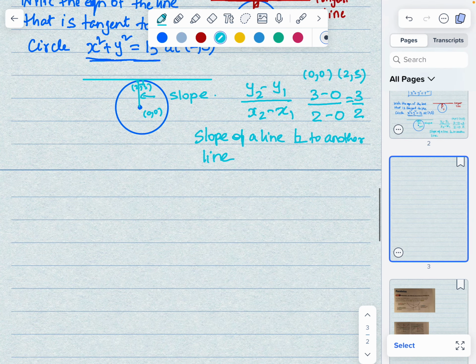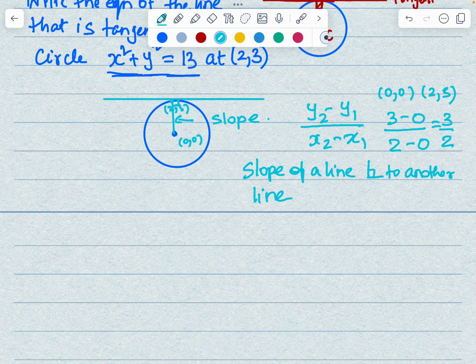Perpendicular line slopes are the negative of the reciprocal. So if the slope of the radius is 3 over 2, then the slope of the tangential line is going to be minus 2/3. I'm just going to call that m1 because this was m. Now our focus is on finding the equation of the tangent line because that was the question.